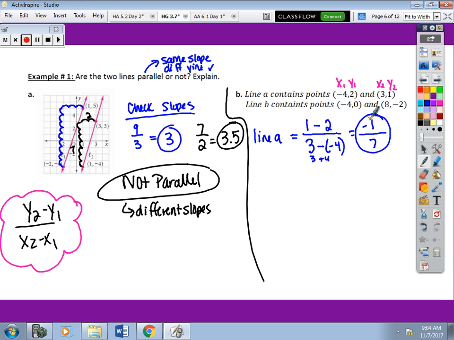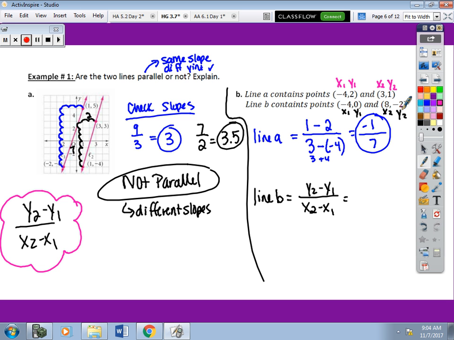For line B, you're going to have to label the points the same way, x1, y1, x2, y2. Substitute into our formula and see if we get negative 1/7.